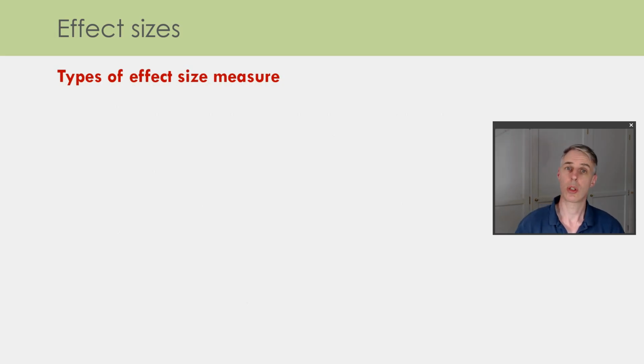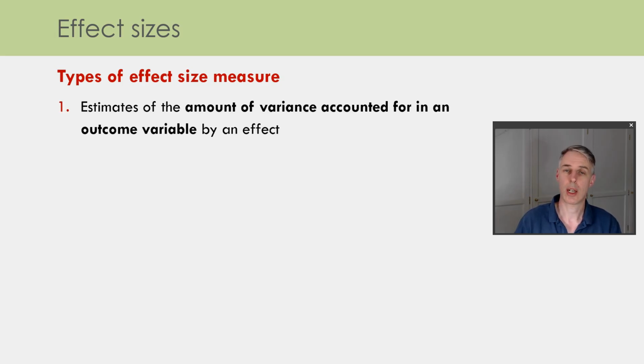In practical terms, though, it can be tricky because there are many, many different measures of effect size in circulation. So I'm going to run you through three main types of effect size that you might see. The first one I'm calling estimates of the amount of variance accounted for in an outcome variable by an effect.